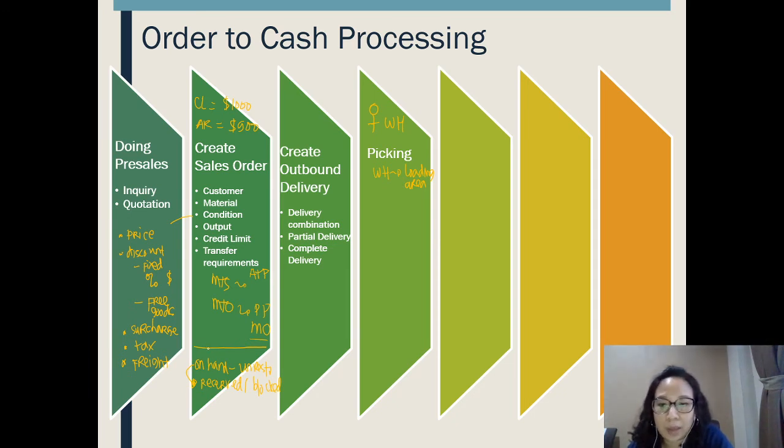Okay, so for example, we have a total of 1,000 pieces. Let's say in the sales order we order 100. By the time we confirm the sales order, the unrestricted becomes 900 and the reserve becomes 100. But in terms of the total, it will still show as 1,000 pieces.